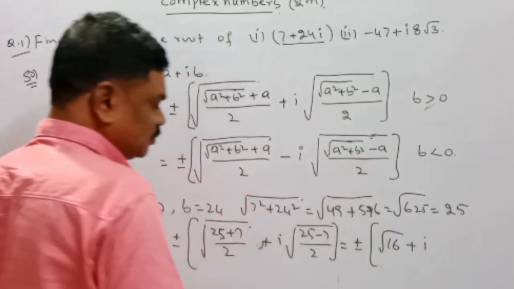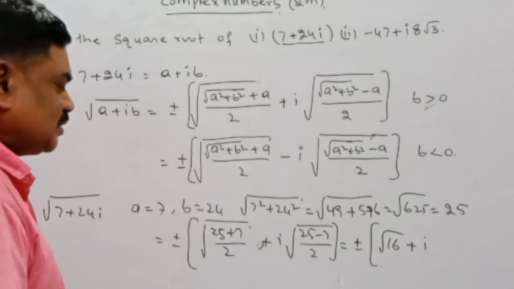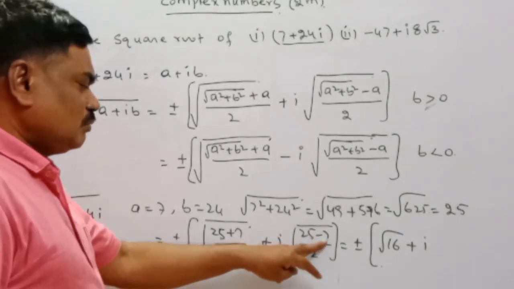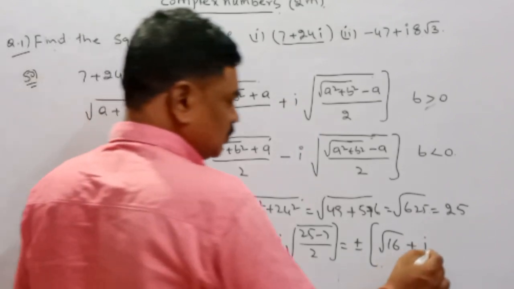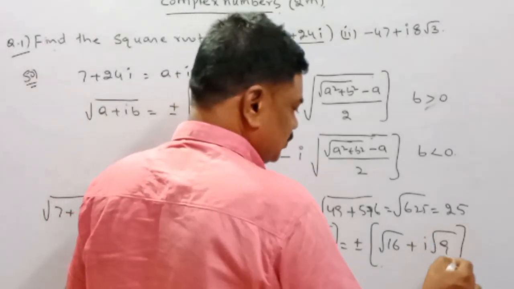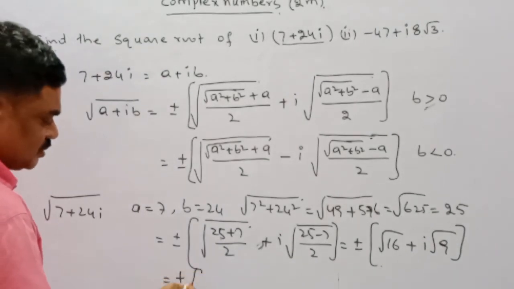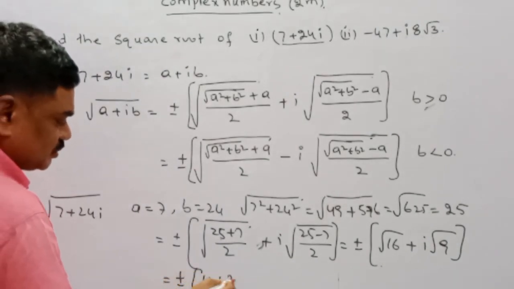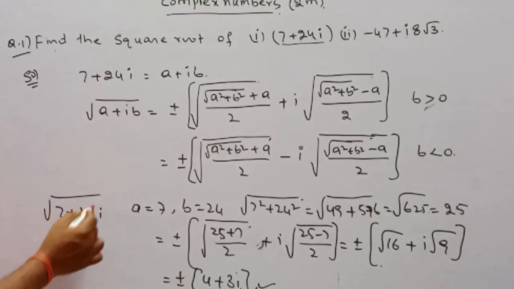Plus i into, 25 minus 7 is 18, 18 by 2 is 9, root 9 is 3. So the square root of 7 plus 24i is equal to plus or minus (4 plus 3i). Okay, that's all.